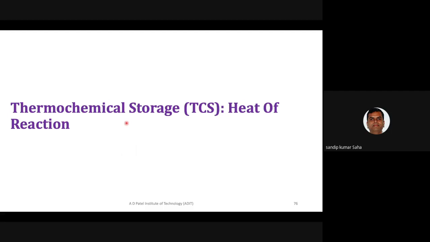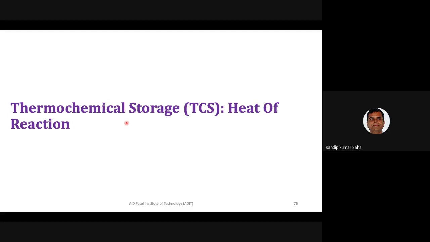Now I have briefly shown you the main modeling technique in latent heat storage. Now I will go into thermochemical storage, where we will be using the heat of reaction equation, or the conversion from hydration state to dehydration state.